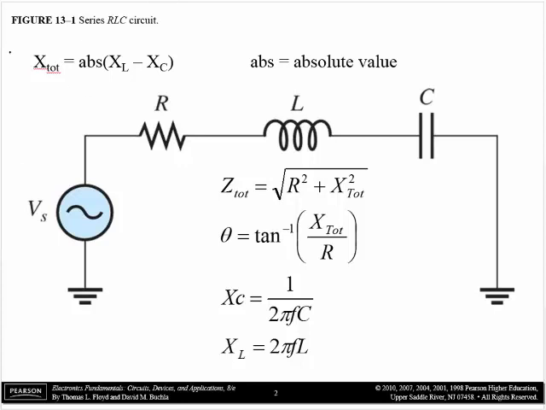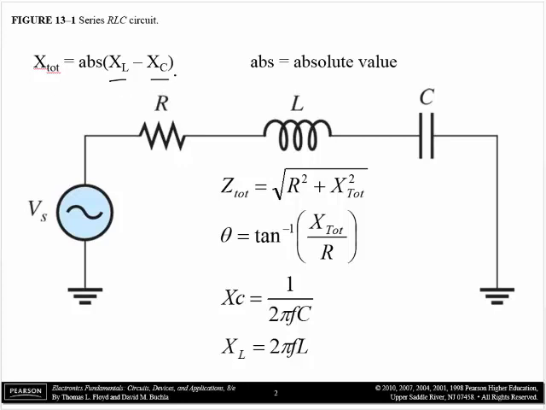So basically, the way you analyze this circuit is that you have to find, once again, a total reactance, or a total X. Only this time it's going to be the difference between the inductive reactance and the capacitive reactance. It doesn't matter whether you say XC minus XL or XL minus XC, but the total reactance is the absolute value of the difference between the two.